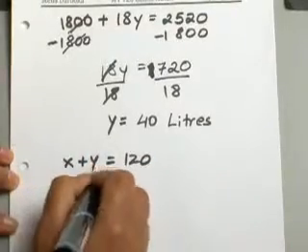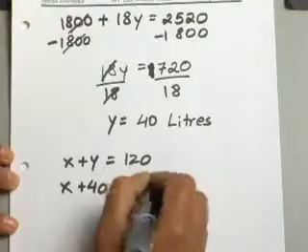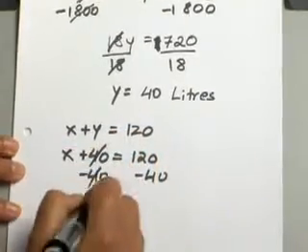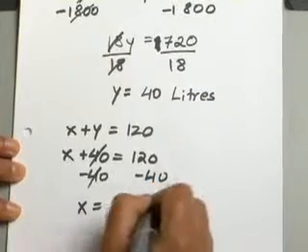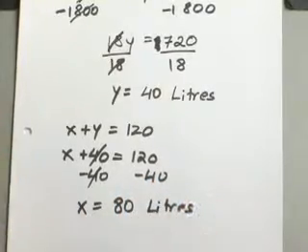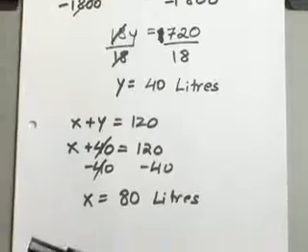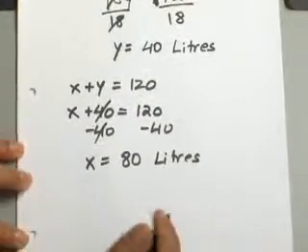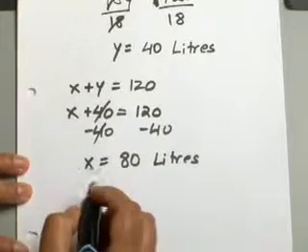We know y is 40. So if you subtract 40 from 120, you will end up with 80 liters of the X acid, which is the 15% solution.